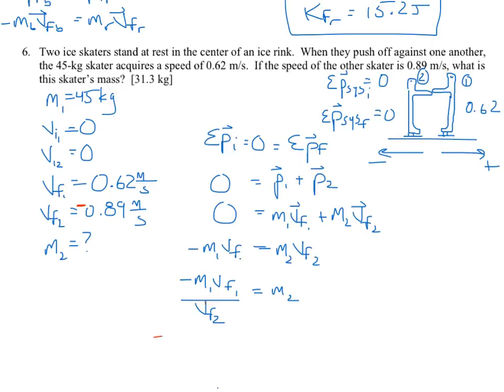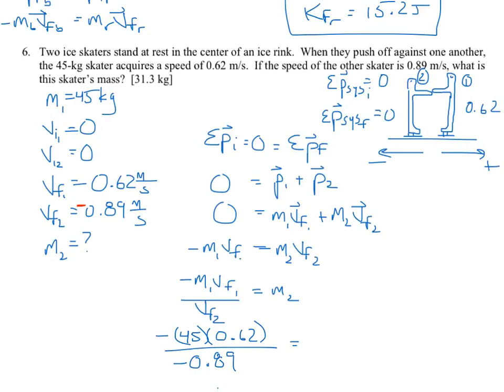So negative, let's do that in blue, negative mass 1, that's 45 kilograms, times the final velocity of person 1, 0.62 meters per second. Now divide that by the negative 0.89.